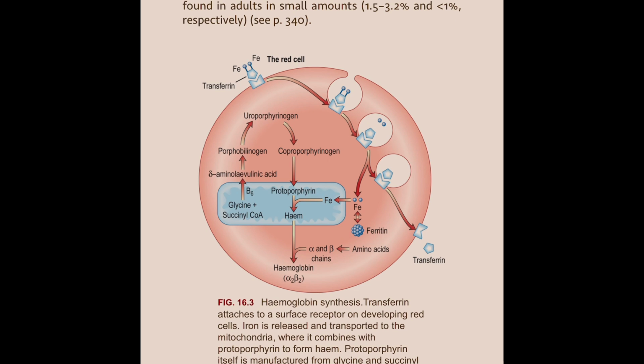Iron is released and transported to the mitochondria, where it combines with protoporphyrin to form heme. Protoporphyrin itself is manufactured from glycine and succinyl-CoA. Heme combines with alpha and beta chains formed on the ribosomes to make hemoglobin.